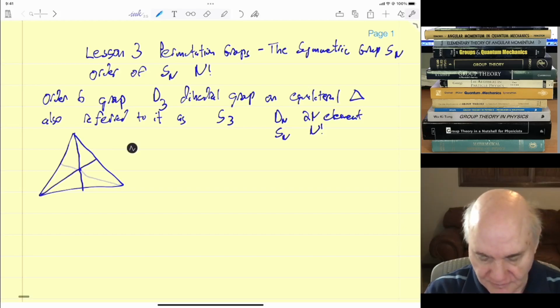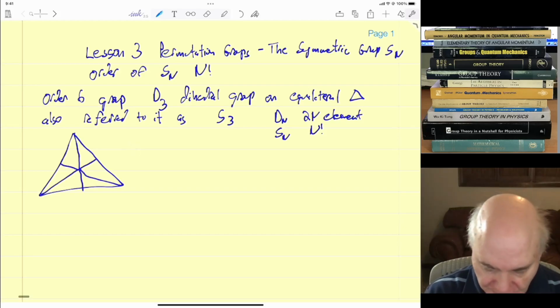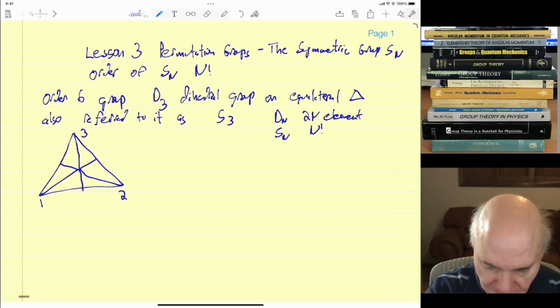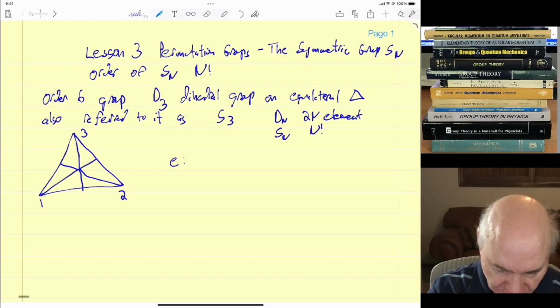Medians, perpendicular bisectors, they're all the same thing for an equilateral triangle. So if we label our vertices 1, 2, 3, we have 6 group elements for this symmetry group, where 1, 2, 3 goes to 1, 2, 3. That's where we do nothing.